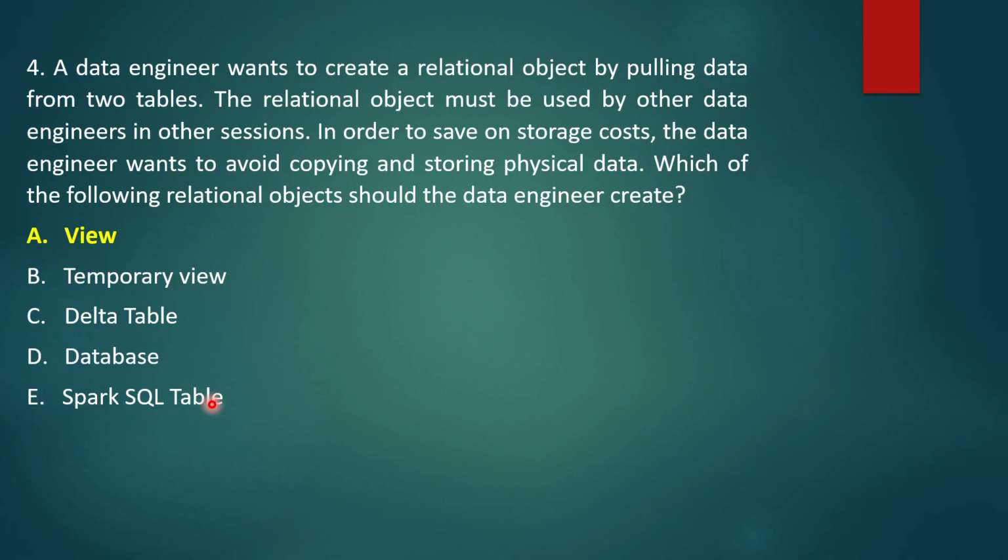Spark SQL table typically refers to a physical table unless explicitly defined as a view. So the view has persistent storage usage, is shared across sessions, and is logical rather than physical. So the correct answer is view.